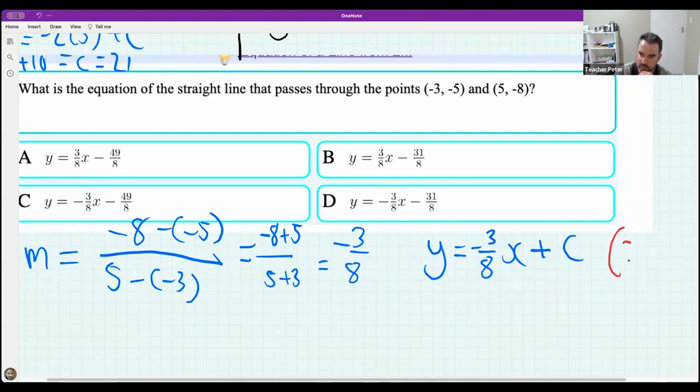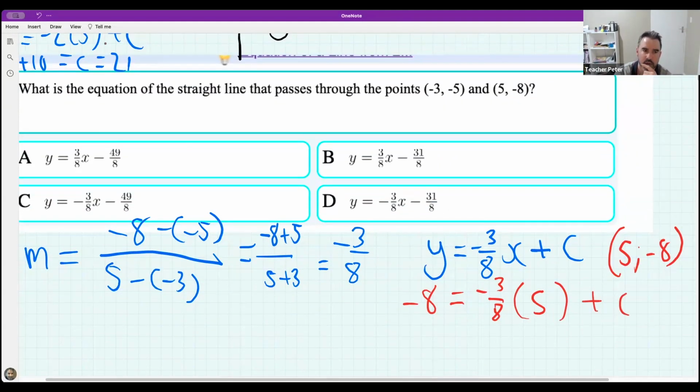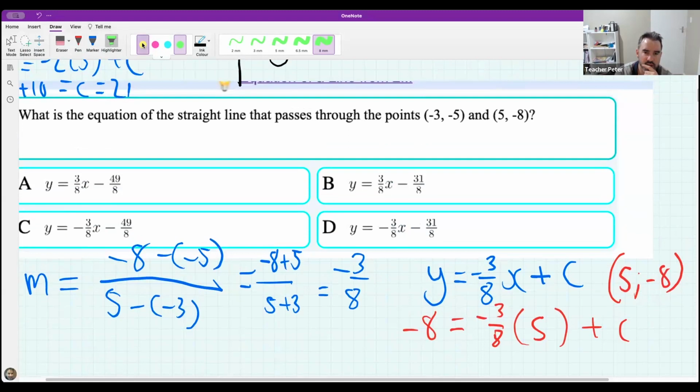I think I'm going to put 5 minus 8. So what we notice is that we can put a minus 8 and we can put a 5 in there.